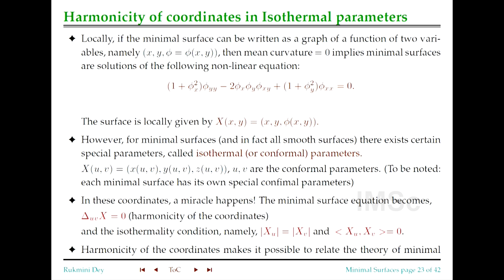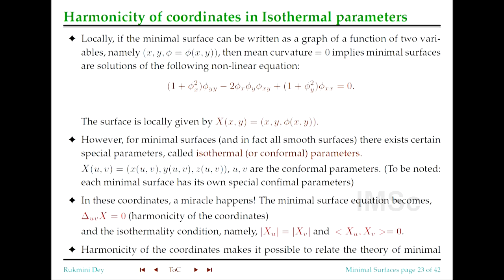So each coordinate becomes a harmonic function in these special uv coordinates. Finding the conformal parameters may be difficult, but if you can get them, then this complicated equation just becomes harmonicity of the coordinates.